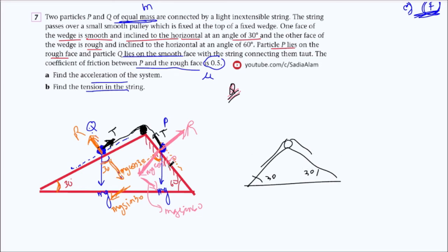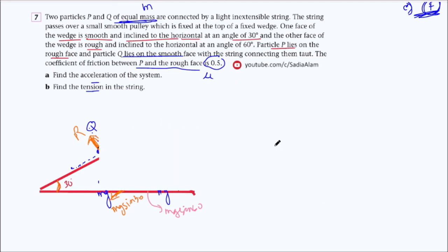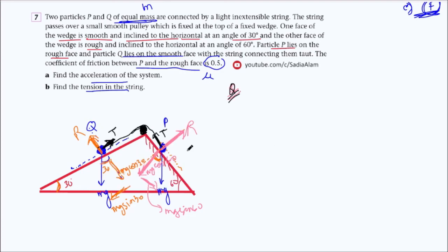But it's clearly obvious that this is steeper. This angle is 60. This is steeper, so this particle will fall and this will rise. Okay, so I guess the direction is clear now.